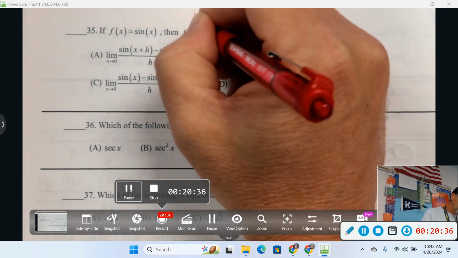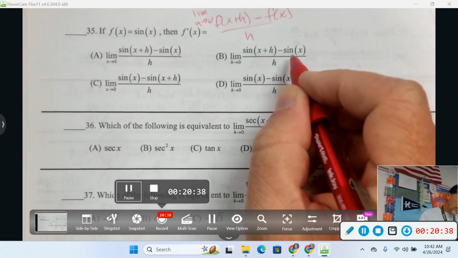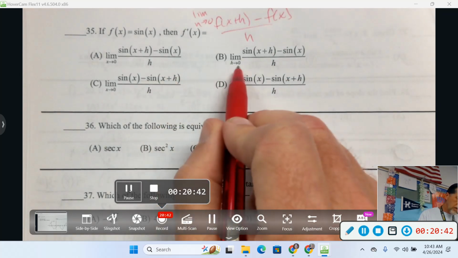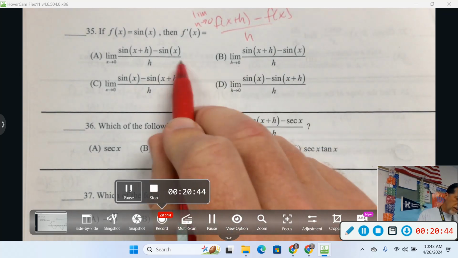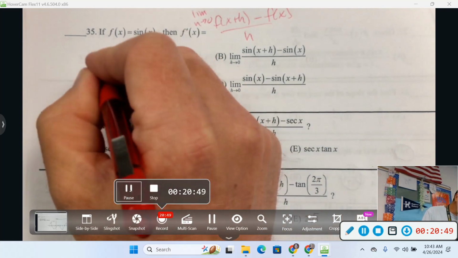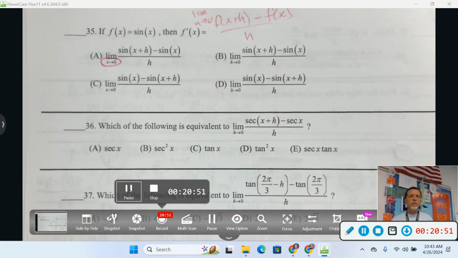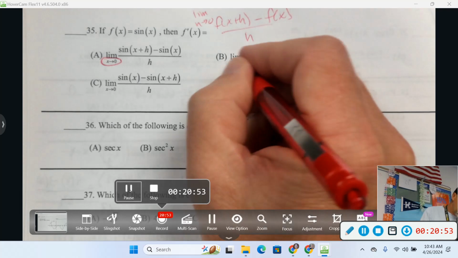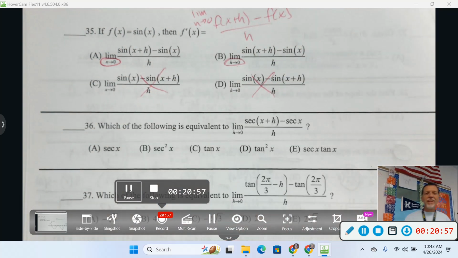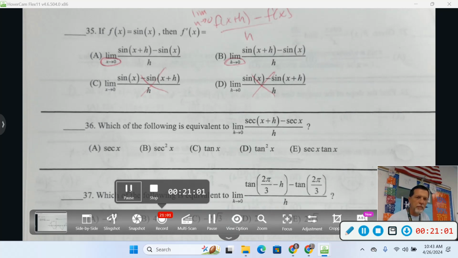Don't forget the limit as h approaches 0. So that would be... Wait, what's the difference between... Oh, it has x at the bottom. Good catch. I couldn't find the difference between those two. So, well, which one is it then? It's B. Yeah, h goes to 0. So B.